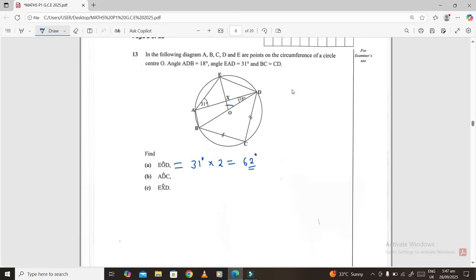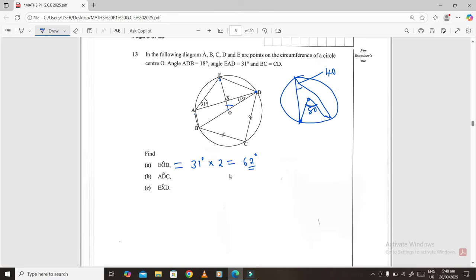Remember, there's a property which says that when you've got an angle going to the center, and another angle coming from the same segment to any part of the circumference, the angle at the center is twice the angle at the circumference. So if this is 40 degrees, here it will be 80 degrees. We've been given 31, so to find this, we just multiply 31 by 2.